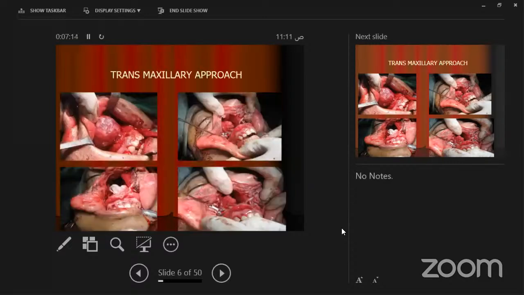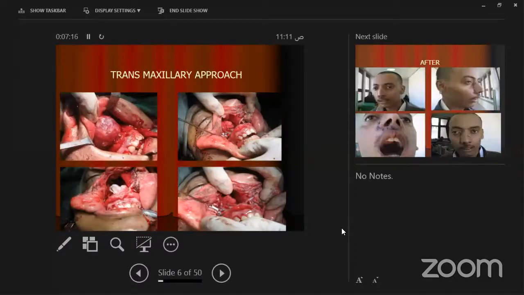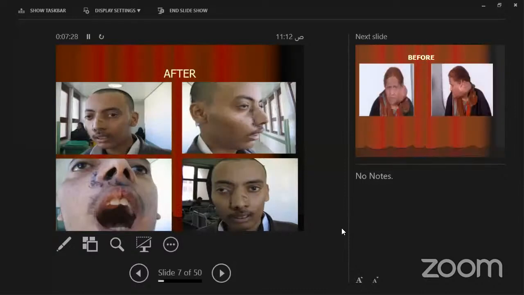And you will see here during surgery, by using a transmaxillary approach, the tumor can be exposed and taken out completely. Fixation of the maxilla can be done. And you can see here after surgery that the patient is all right, moving his mouth freely without any difficulties.